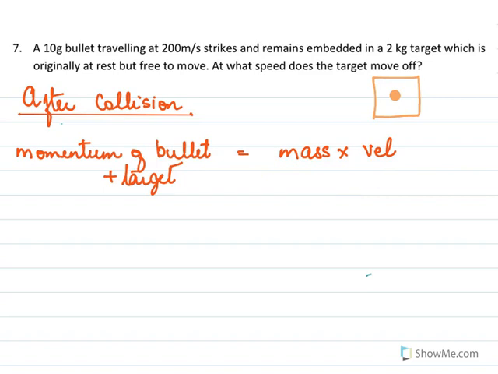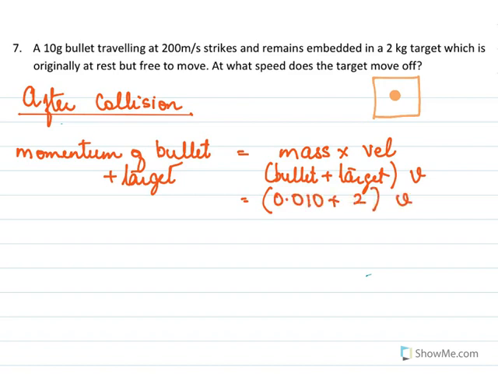Here this should be the mass of bullet plus target, and both of these move. So let the velocity be x or v. Now the bullet is 0.010 plus 2 kgs is the target, and this is the velocity. So 2.010 v will be kg meter per second, will be the momentum after impact.